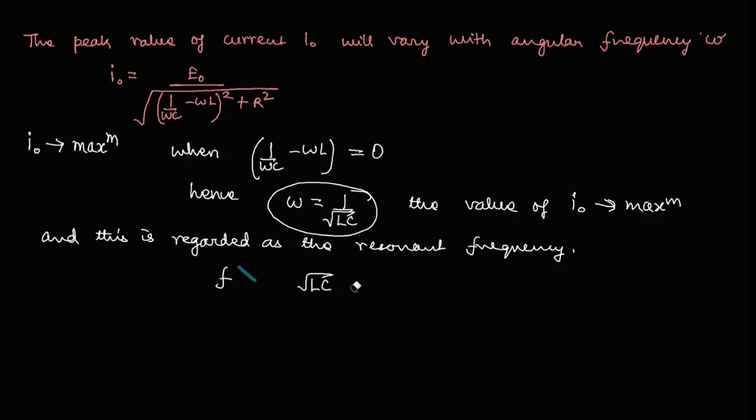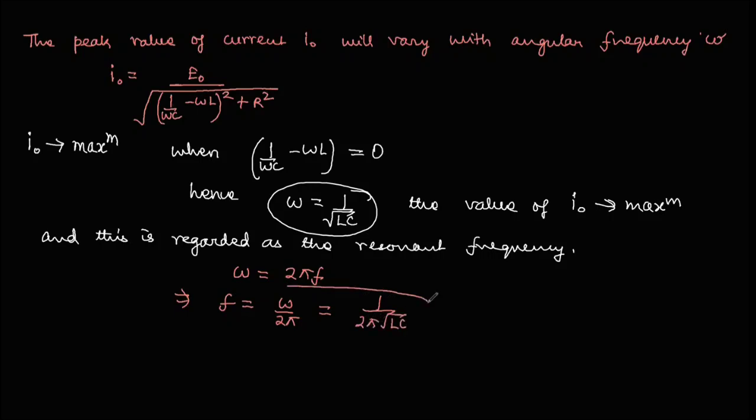One minute, I made a mistake, I guess. We can say that omega is equal to 2 pi f, and hence the value of resonant frequency will be omega by 2 pi, so 1 by 2 pi root over LC.